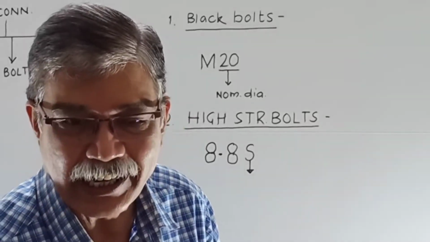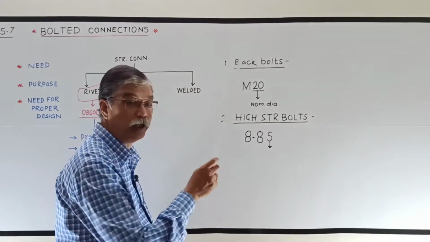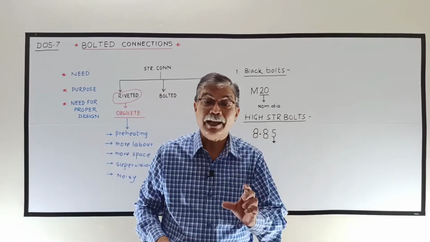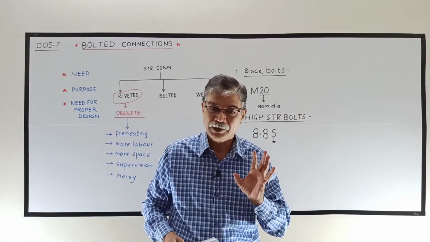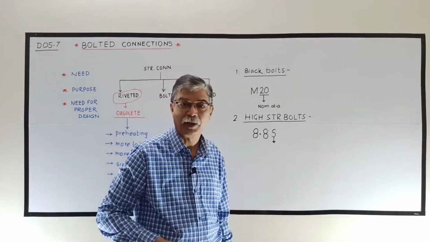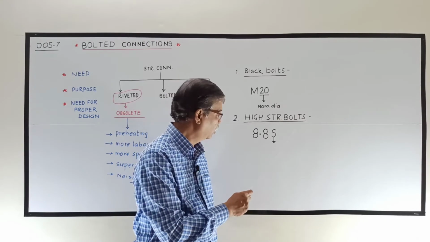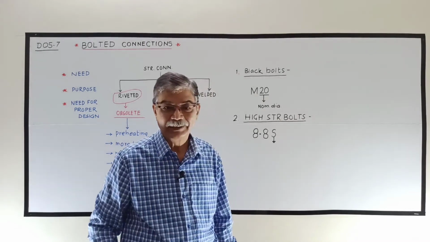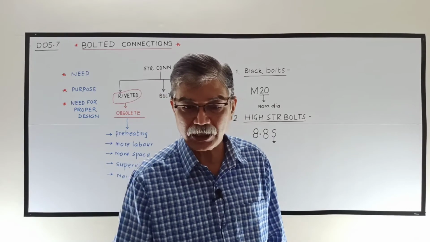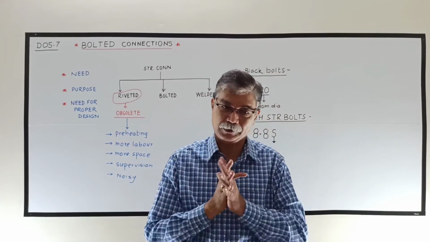This S indicates the highest strength bolt with hexagonal head. The head is hexagonal in shape. 8.8 S or 10.9 S. What S represents? It indicates the high strength bolts with hexagonal heads.